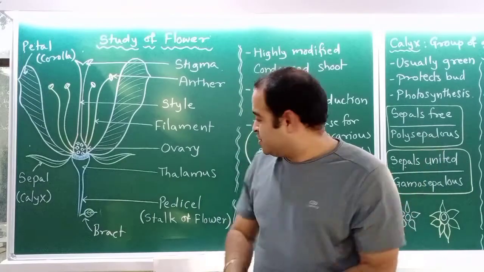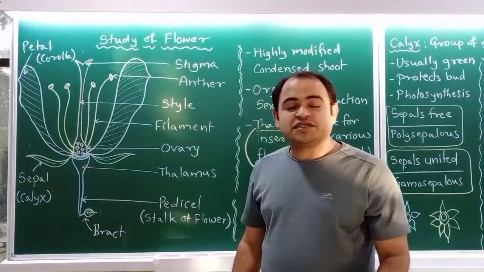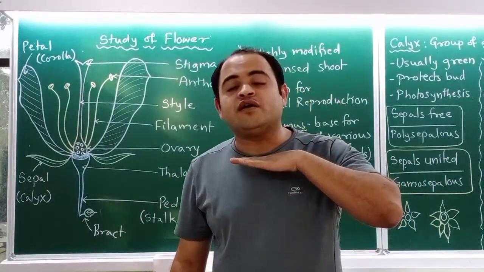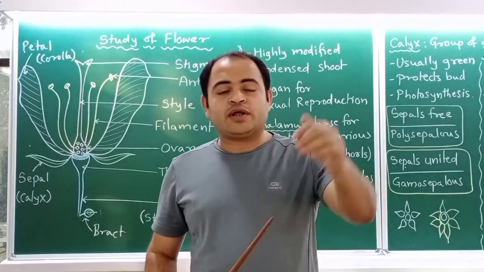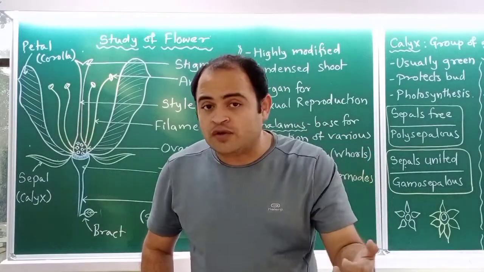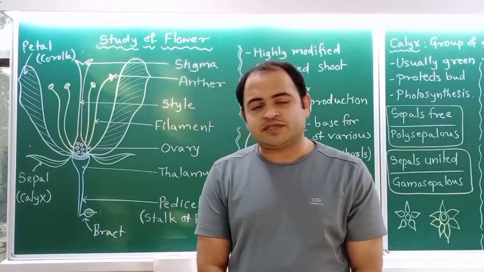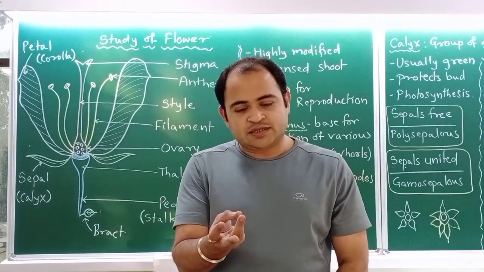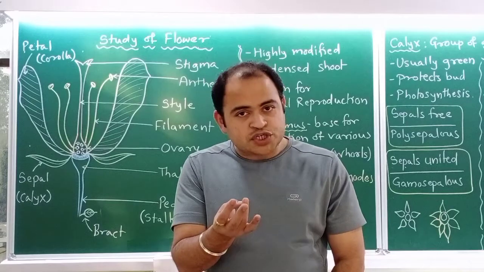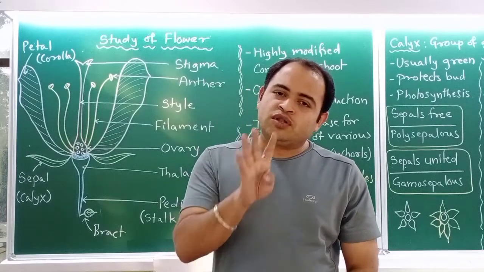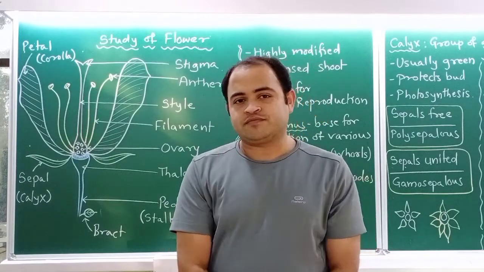Are you getting my point? So the thalamus is always responsible for providing a flat disc-like structure for insertion of various floral whorls. What floral whorls are arranged on the thalamus? Calyx, Corolla, Androsium, Gynosium. Only 4 floral whorls are inserted.